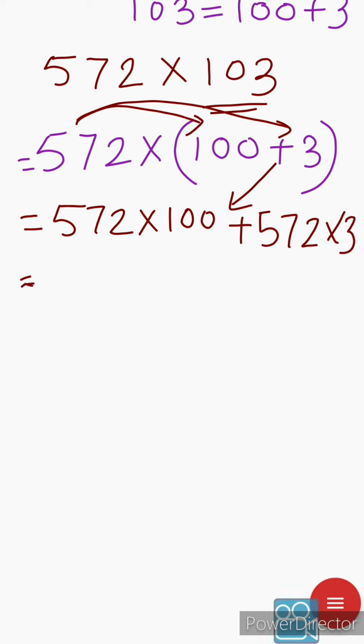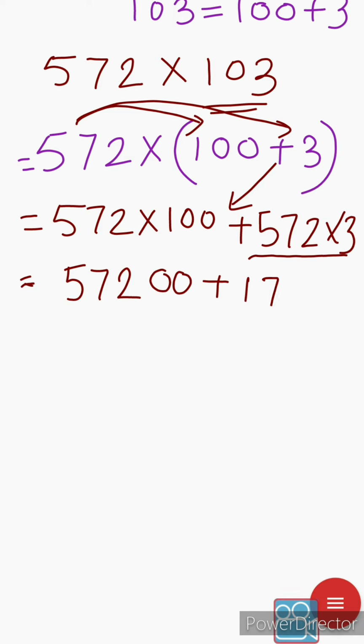We are having 2 zeros in 100, so we will put 2 zeros from the right hand side. Then 572 into 1 is 572. Then again under this plus sign we will put the plus sign. Then we will do 572 multiplied by 3. Okay, we will get 1716.